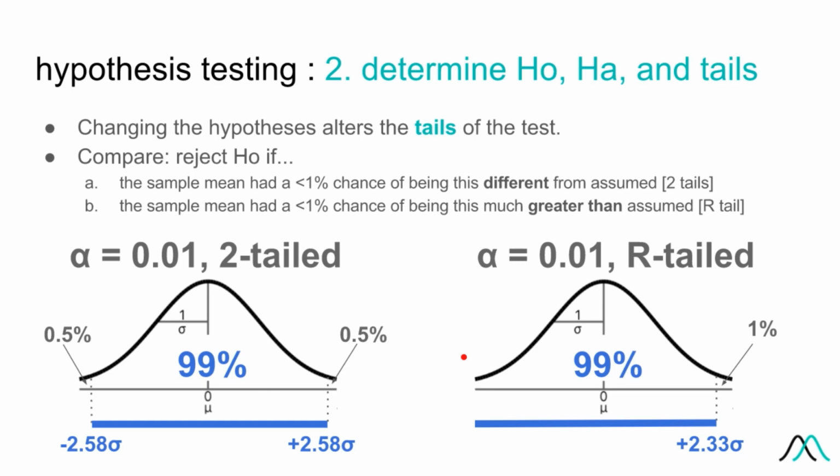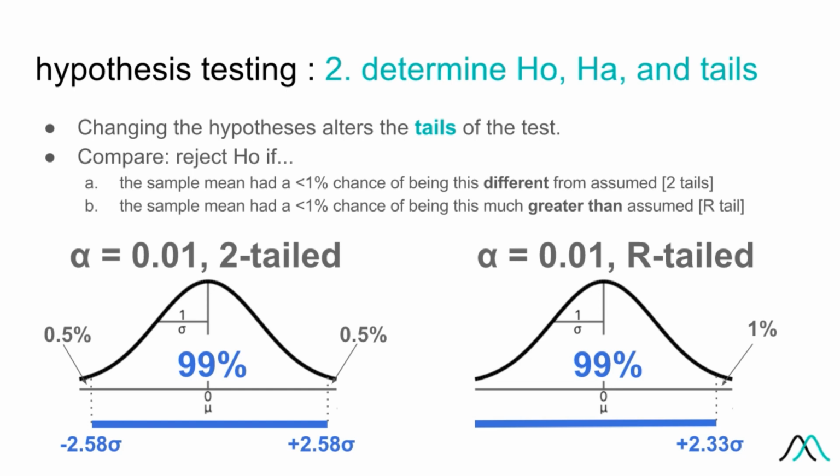The question we're asking now is only if the true mean is greater than assumed. So to see a sample mean signaling the opposite over here doesn't pertain to our question anymore. It's the hypotheses that we've set up that way.